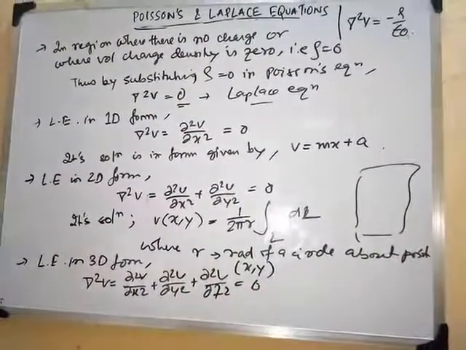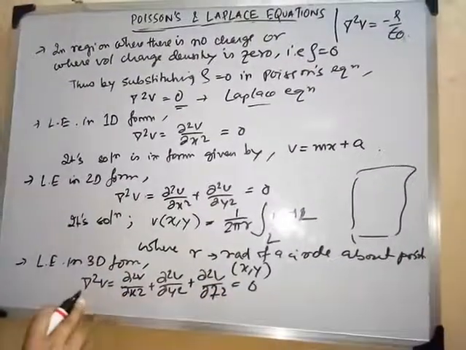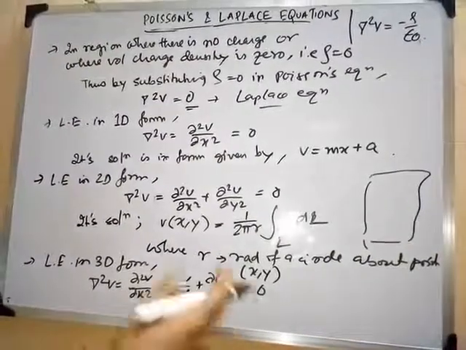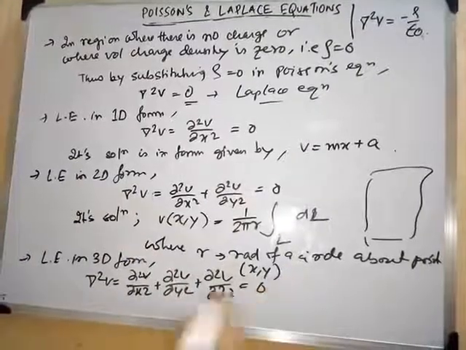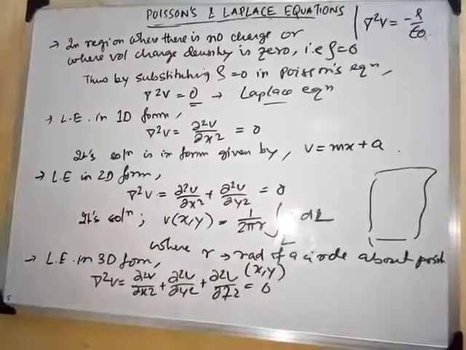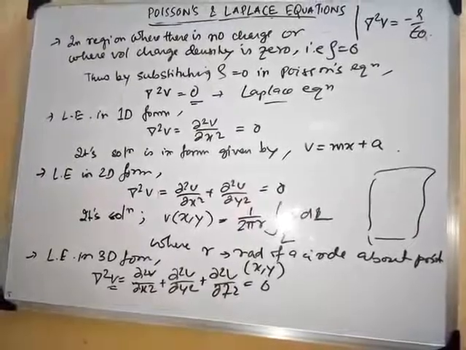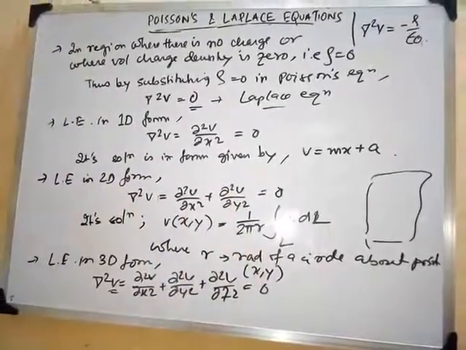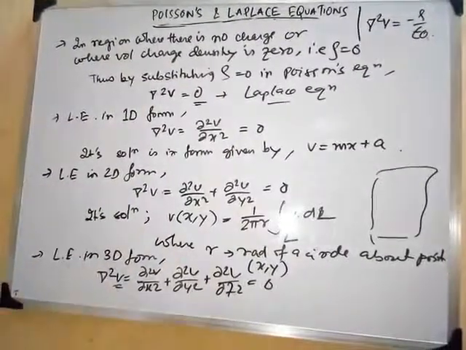And the value of V at any point p is the average value of V over a spherical surface of radius r centered at p.